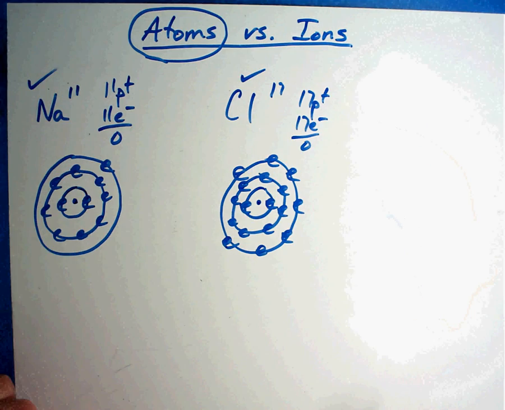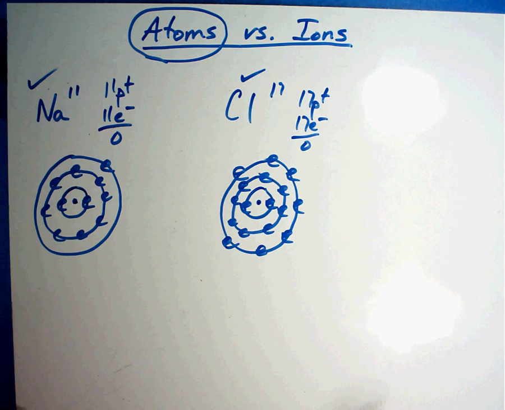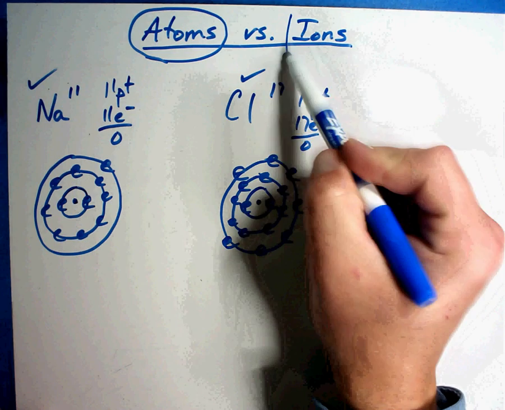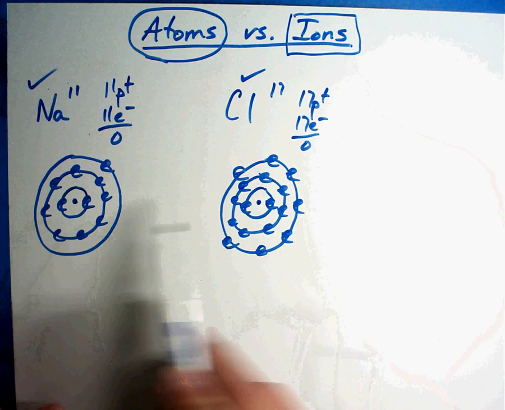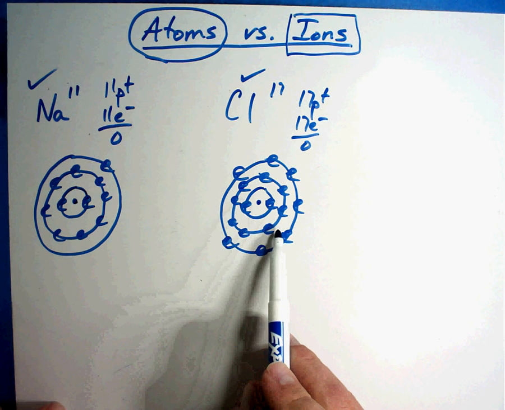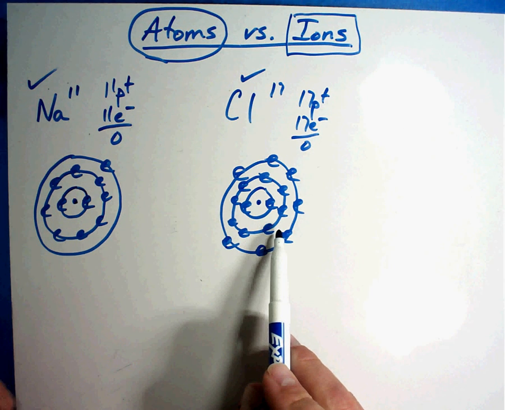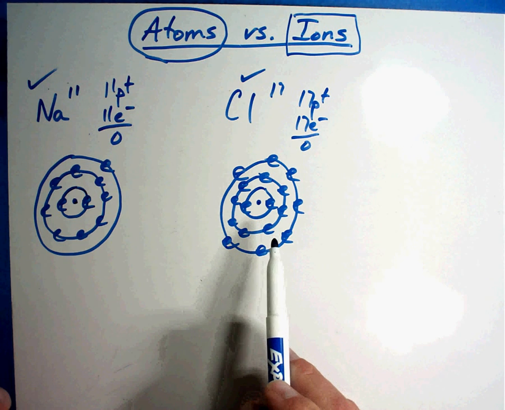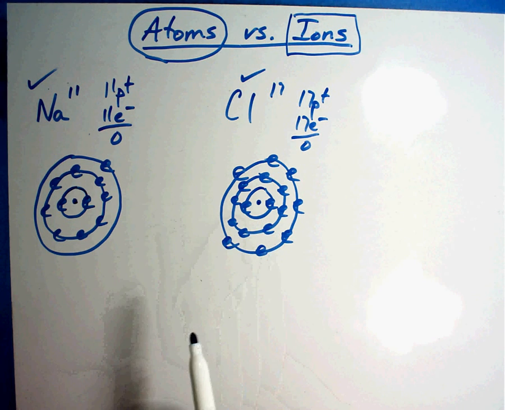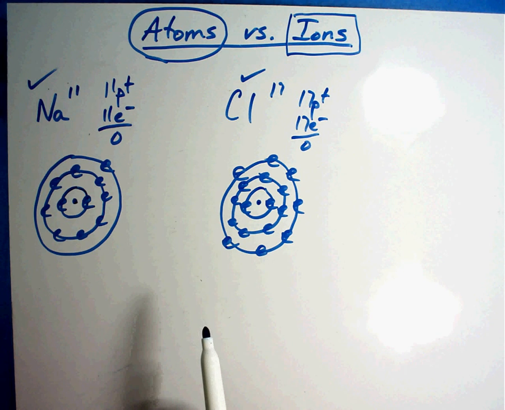Exactly right. Now, here's the easiest way I know to explain what ions are. Atoms look like this and this, but they don't like to look like that. Atoms want to look like you and I on Thanksgiving Day. You see, when we have Thanksgiving, we have lots and lots of food.